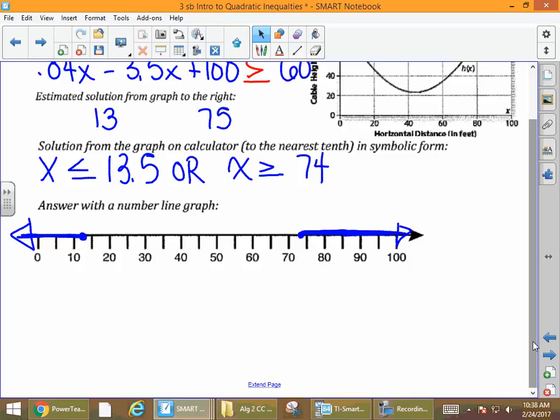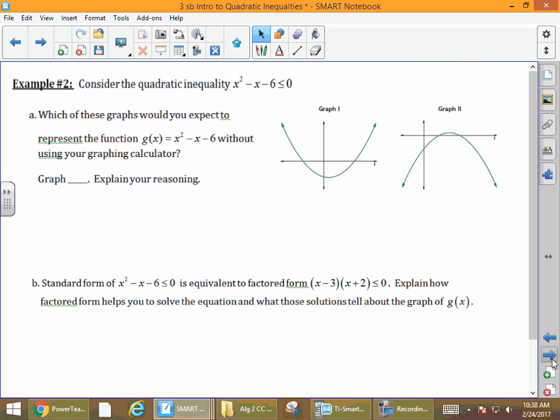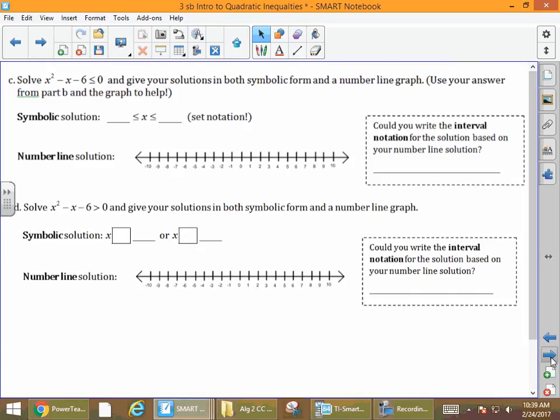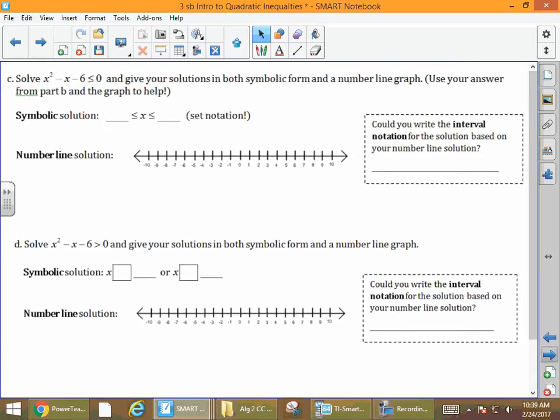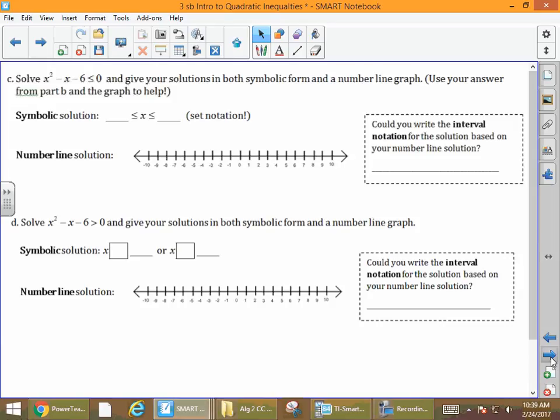But as you finish up on that problem, I want to flip over to the back on part C. I know that I'm not going to get done with everything, but I want to talk about the interval notation here on this problem. First of all, it says solve x squared minus x minus 6 less than or equal to 0.